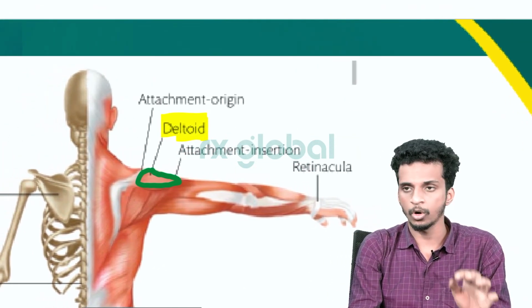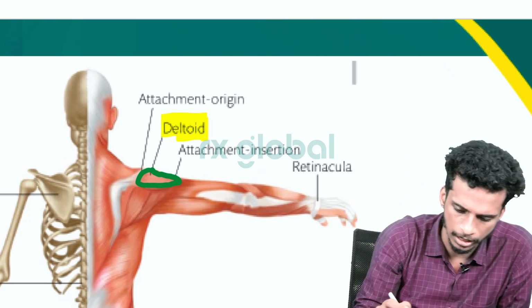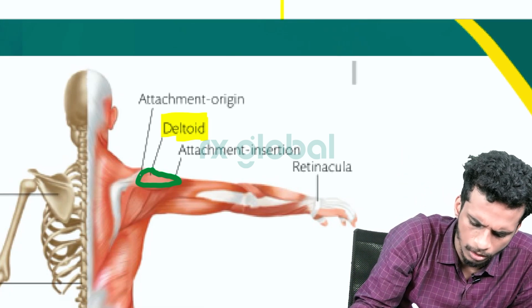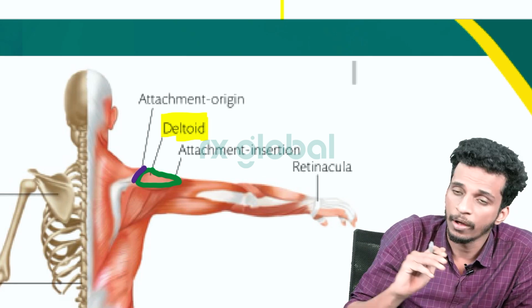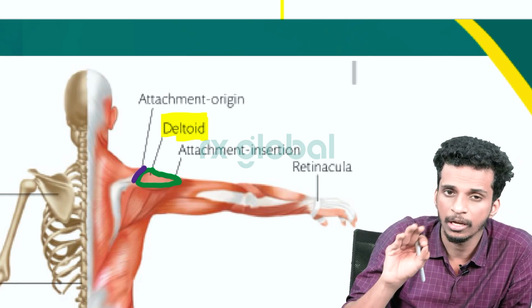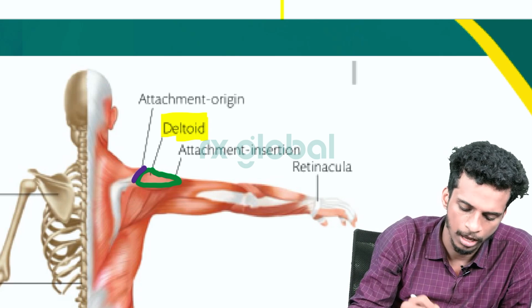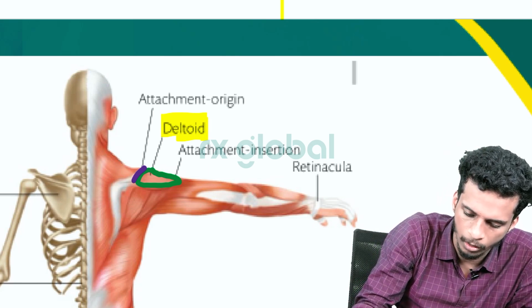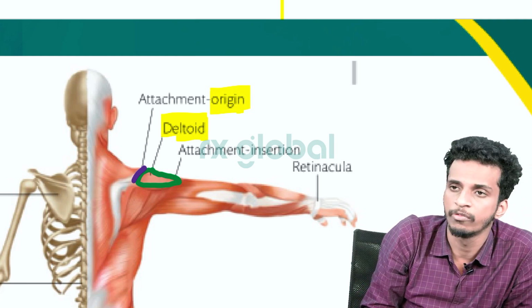The deltoid has an origin and an insertion. I'll not specify the points at this stage because it's not important right now. You have to learn them later, but for the time being we are discussing what origin and insertion are. The deltoid has an upper attachment which is called the origin. This part of the deltoid will be fixed.